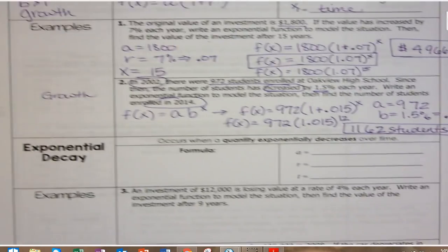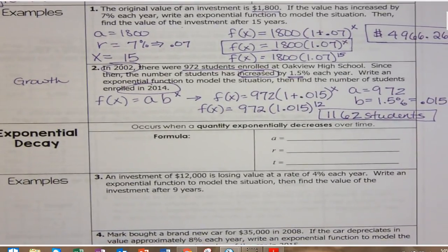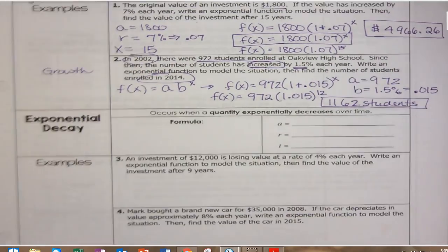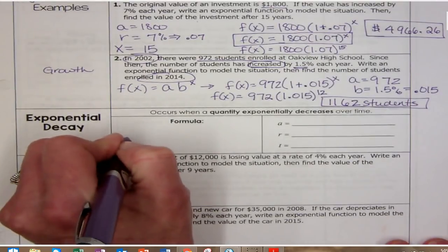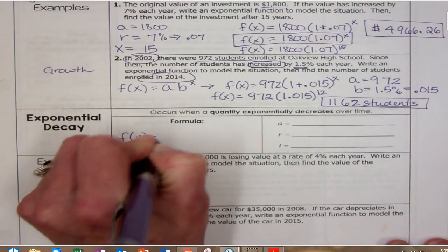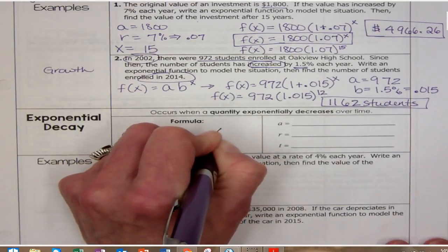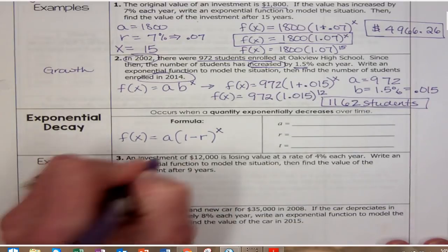All right, now we're talking about exponential decay. So that's your growth. Decay is going to be very similar. I think I might be a little too close. You've got f of x equals a times 1 minus r to the x power, or to the t power.